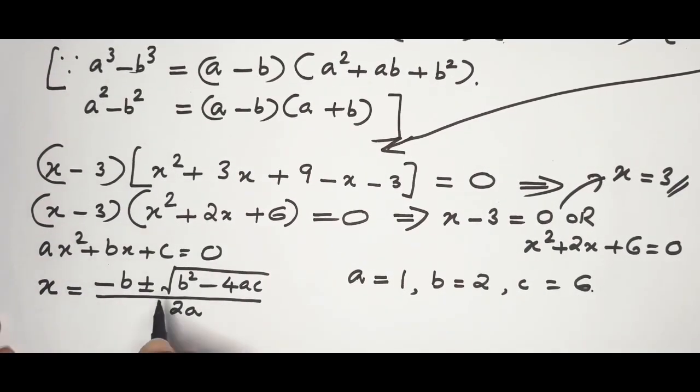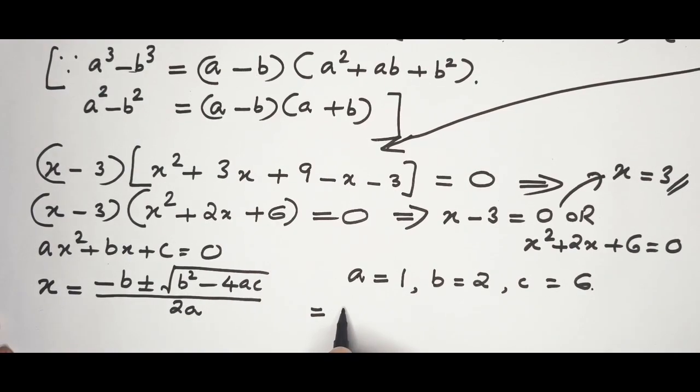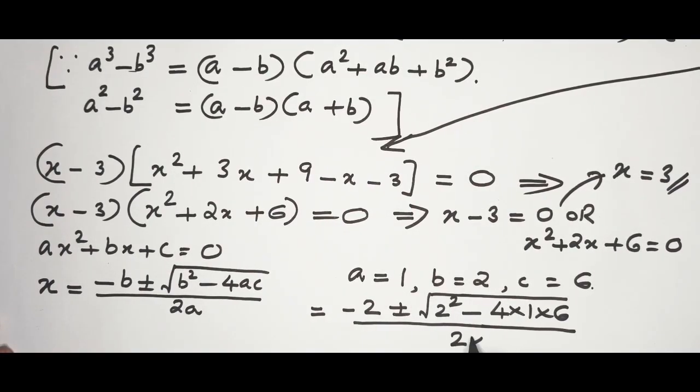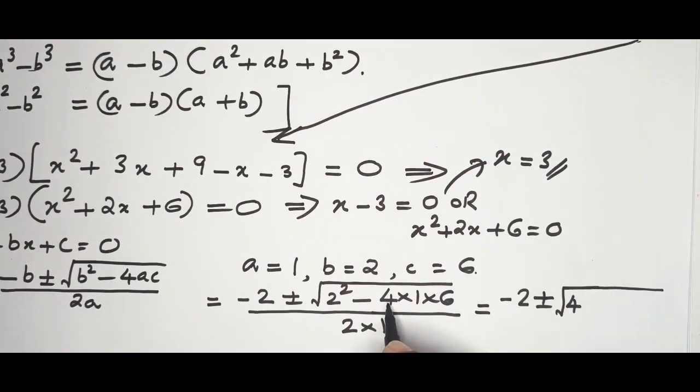So making use of this formula, the solutions are minus b, which is minus 2, plus or minus square root of b squared, which is 2 squared, minus 4ac, that is 4 multiplied by 6, divided by 2 multiplied by 1. This is minus 2 plus or minus square root of 2 squared is 4, and 4 multiplied by 6 is 24.